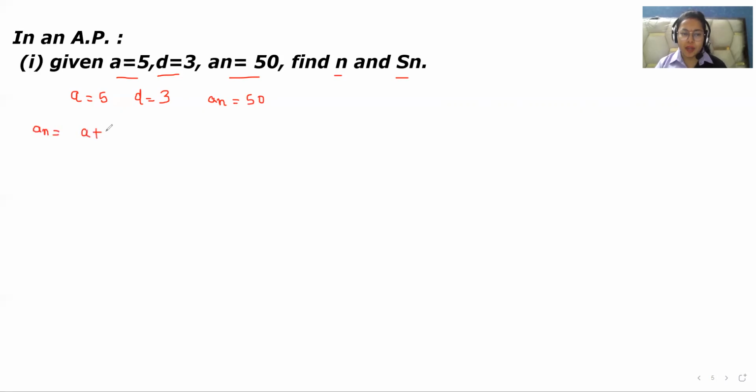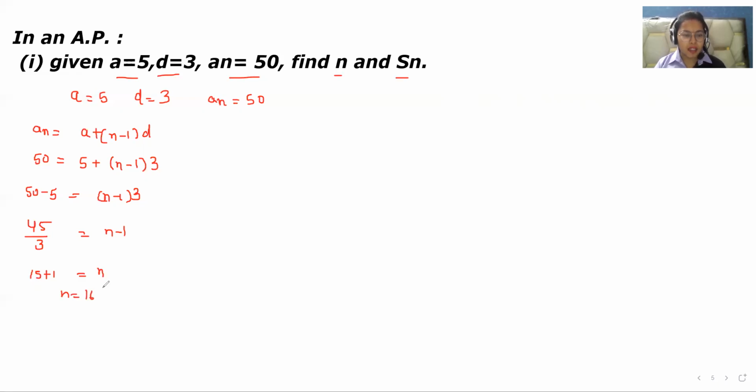An is equal to A plus (n minus 1) D. An is 50, A is 5, and we have to find n first, and the difference is 3. So 50 minus 5 equals (n minus 1) times 3. 50 minus 5 is 45 over 3 equals n minus 1. Here is 15, plus 1 equals n, and n is 16.